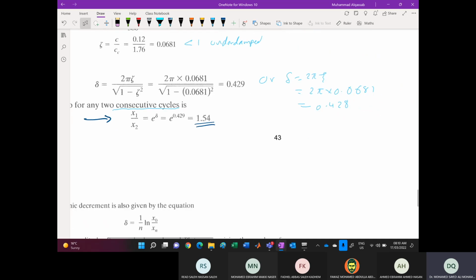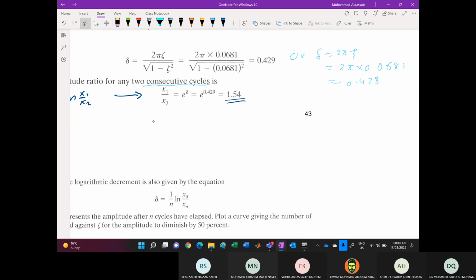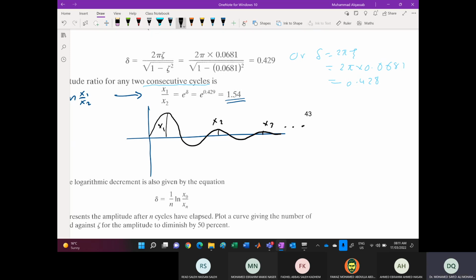So for underdamped, suppose I have this is x1 and this is x2 and this is x3 and so on. This will not be 0. Ideally, this will not stop. It will be forever, but this is ideal.